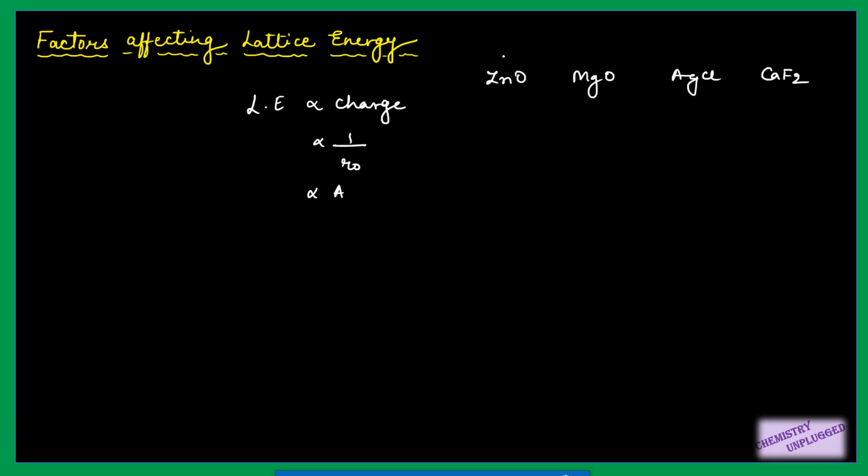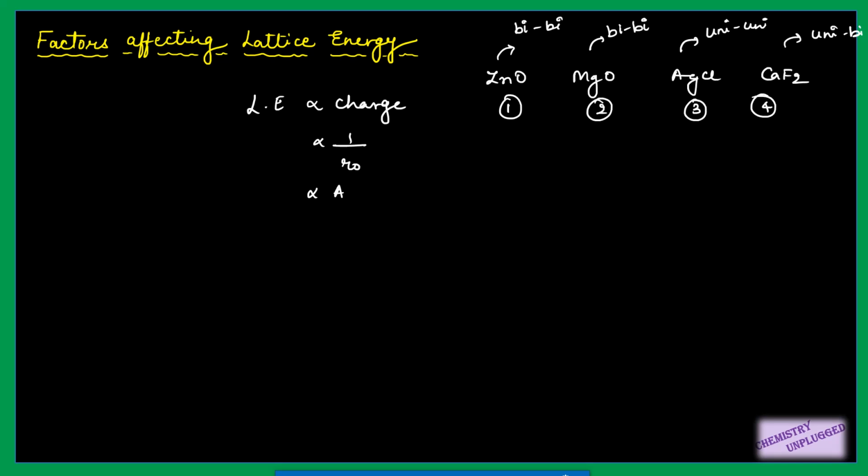So we have here bivalent salts: zinc has plus 2 charge, oxygen has minus 2. Similarly this is also bivalent. This one is univalent and the CaF2 is univalent-bivalent, right? So what is the meaning of it? First we will number them. As I have said, lattice energy is directly proportional to charge.